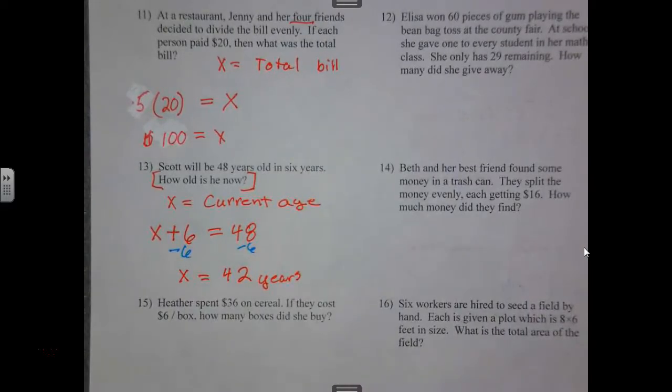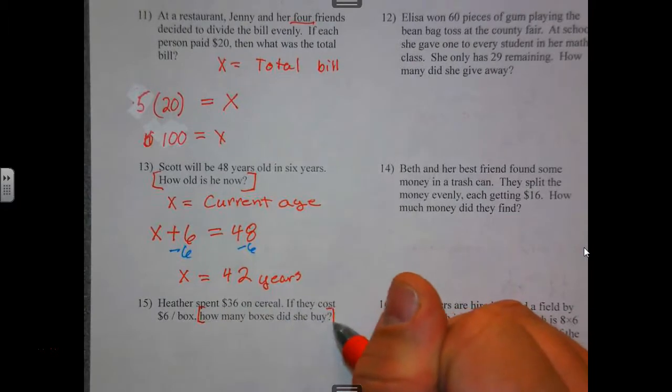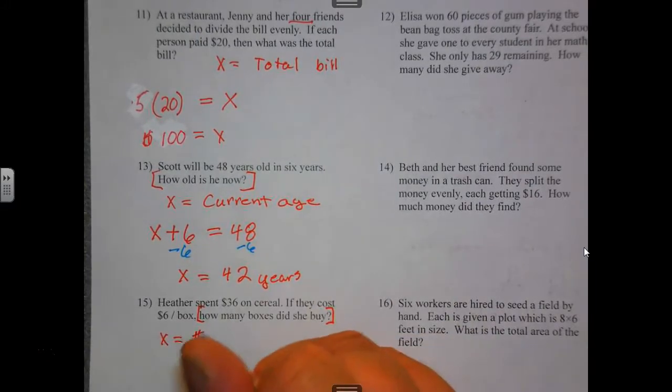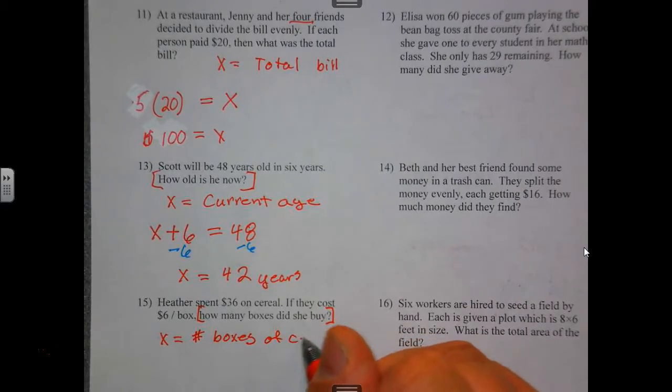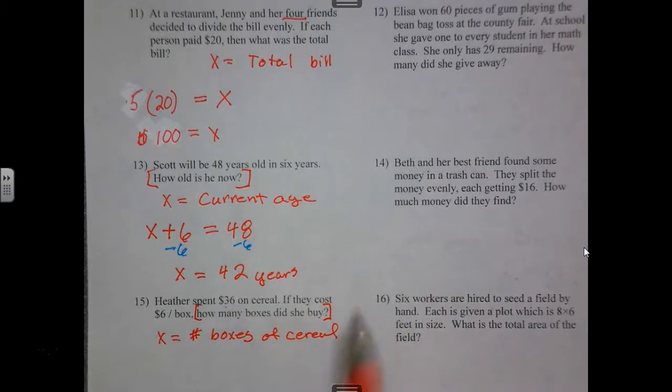Heather spent $36 on cereal. If they cost $6 a box, how many boxes did she buy? Yeah, it is really expensive. Okay, my 36 is the total, so that usually goes on one side. $6 per box.